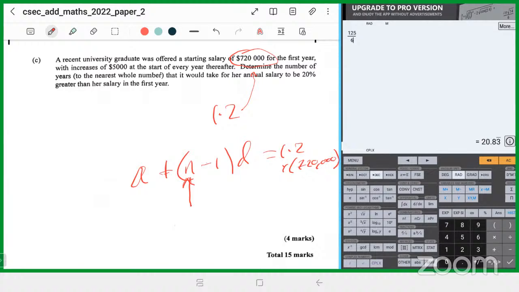So I have 864,000 minus 720,000 equals N minus 1 times 5,000. And you solve for N.